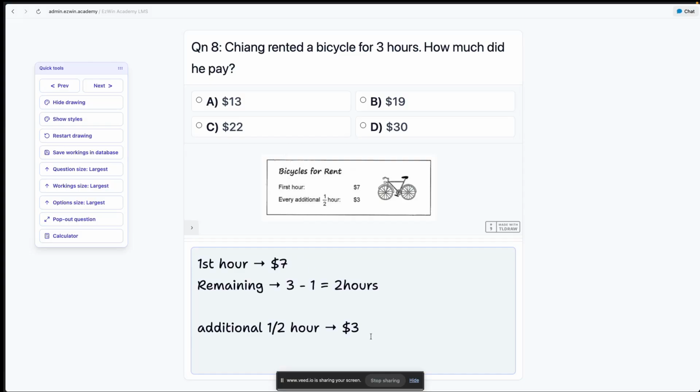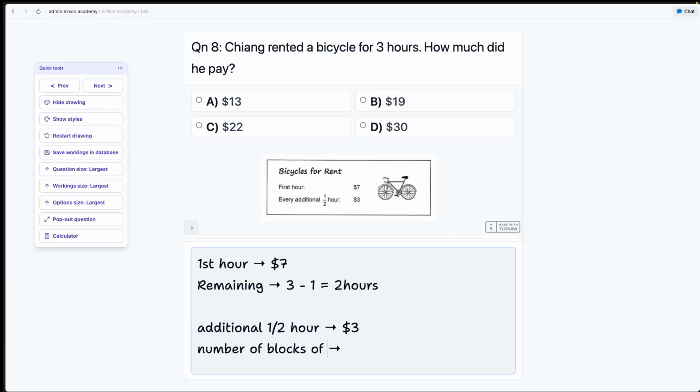So in this case, what you can do is, what is the number of blocks of additional half hour, right?